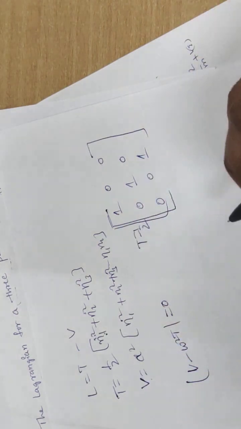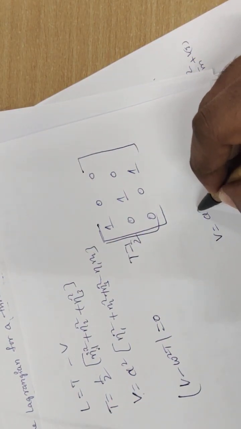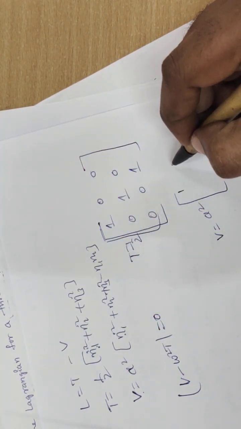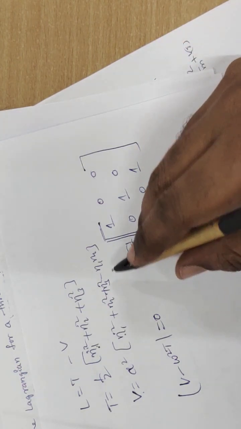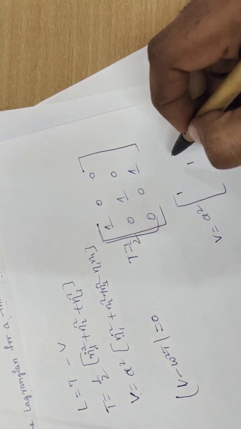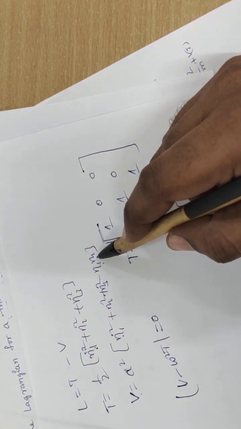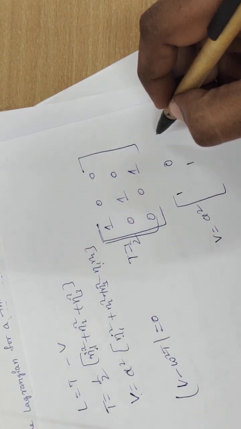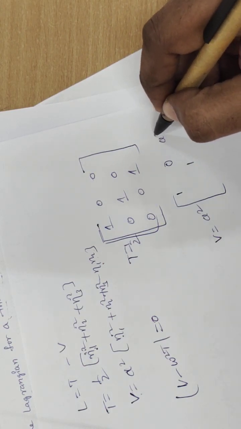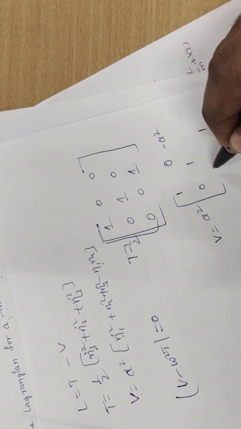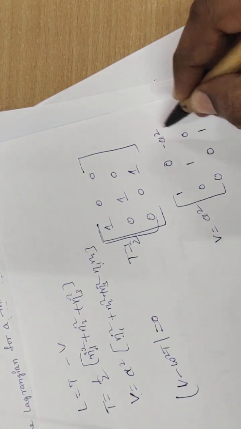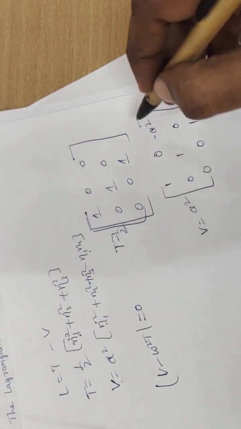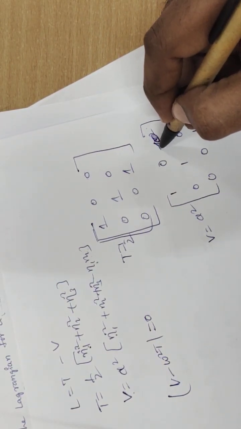And V is equal to alpha square into the matrix with the eta 1 square coefficient 1, eta 2 square coefficient 1, and eta 3 square coefficient 1, and all other coefficients zero except the eta 1 eta 2 term.